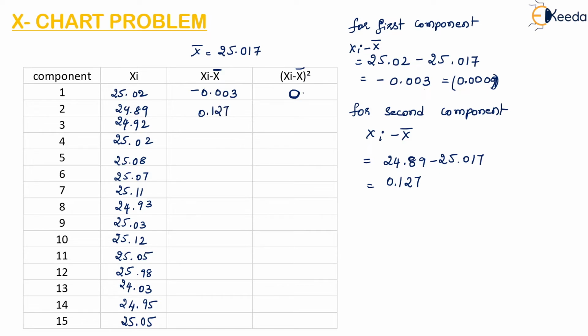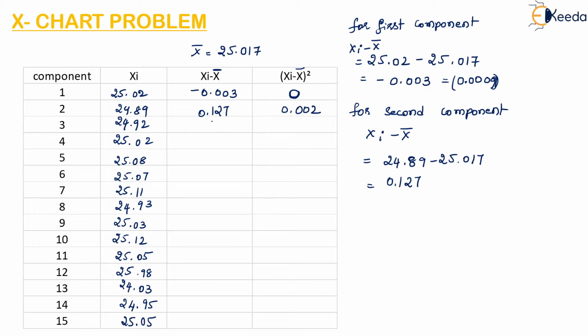When you square this value, you will get some 0.002. In the same way, for all 15 components we will calculate xi minus X bar and then square the value.